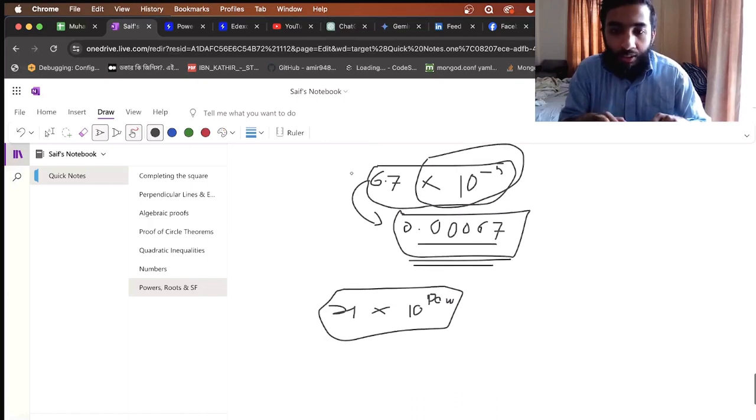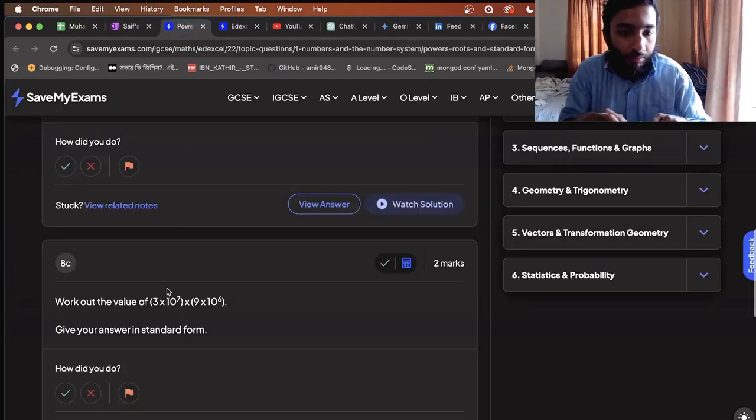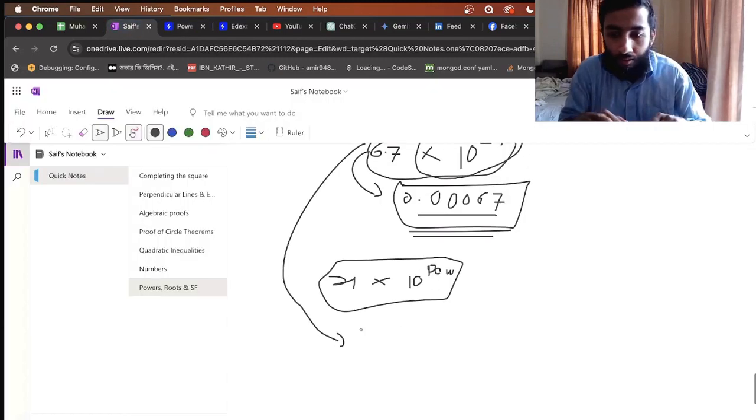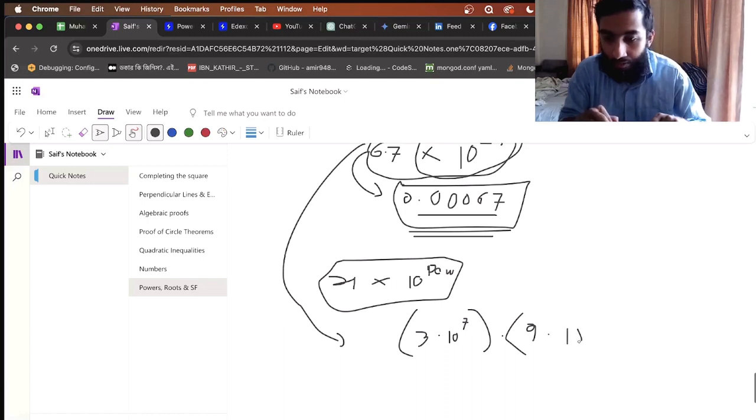So what is the standard form of 3 multiplied by 10 to the power 7, multiplied by 9 multiplied by 10 to the power 6?